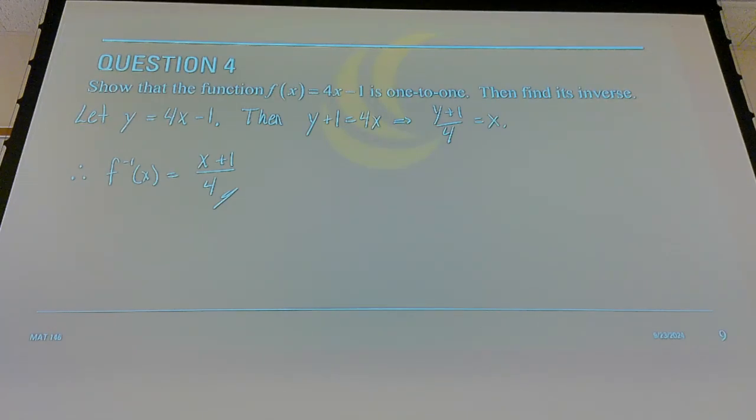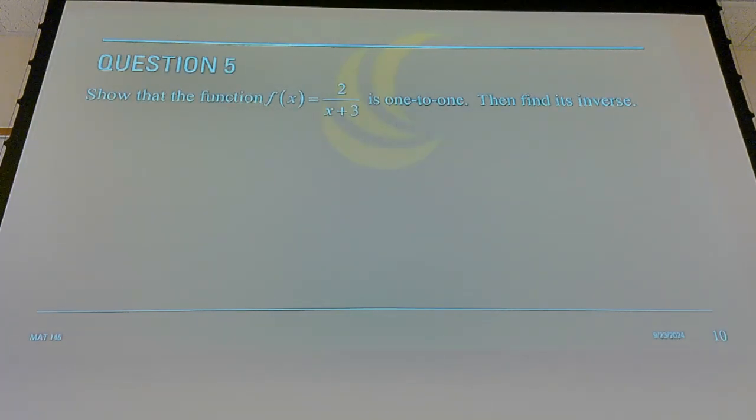Which is also fairly easy. I'm going to show that this function is 1-to-1 and then find its inverse.